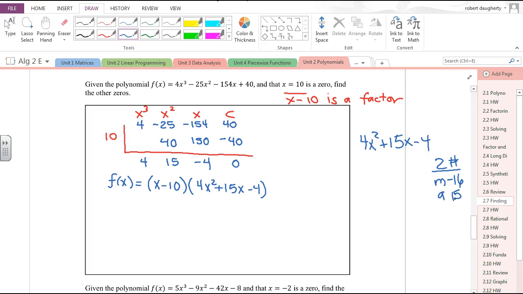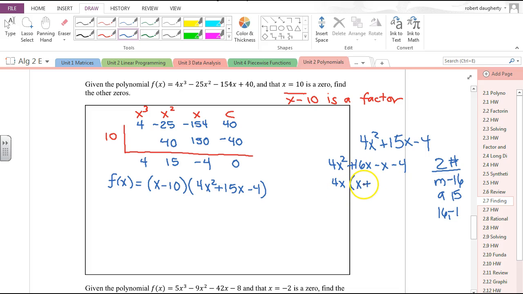Yeah, 16 and negative 1, those multiply to negative 16 and those add to 15. So this is 4x squared plus 16x minus 4.